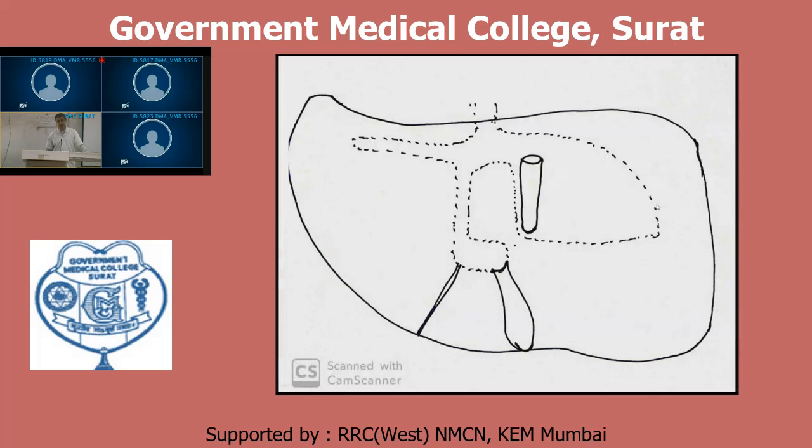Now these layers continue. We will trace these layers towards the left side. If you follow this arrow, you can see the attachment of this peritoneal reflection on the surface of the liver. This is the inferior vena cava in relation with the liver. On the left side of the inferior vena cava, there is the attachment line of the peritoneal reflection.